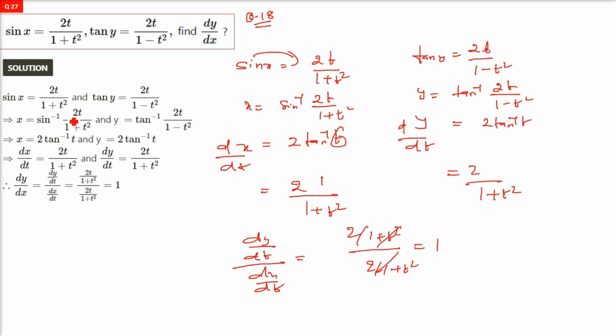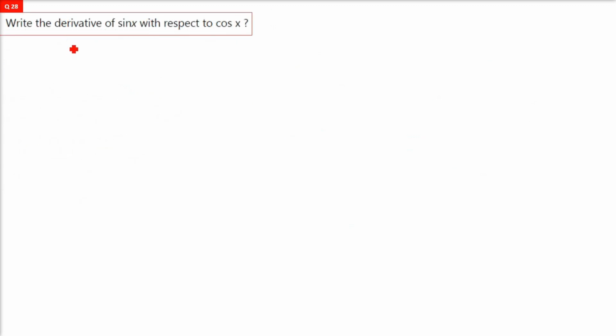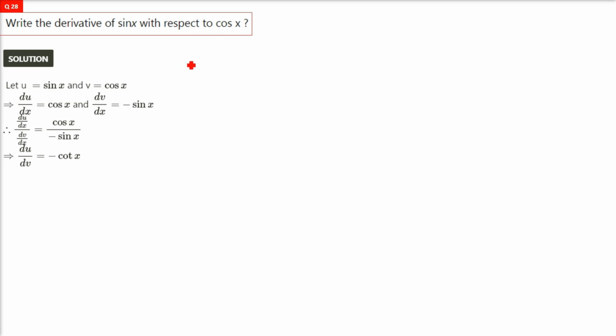This will take some time. I am just requesting you to go and refer to question number 18. Write the derivative of sin x with respect to cos x. That is d sin x divided by d cos x you have to do. Assume u as sin x, assume v as cos x.